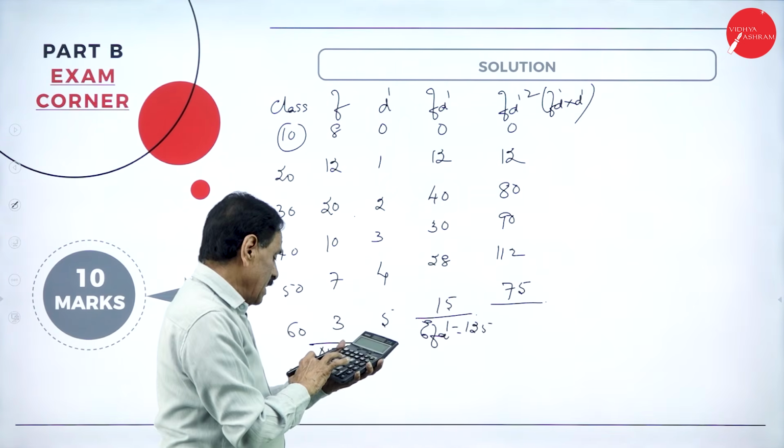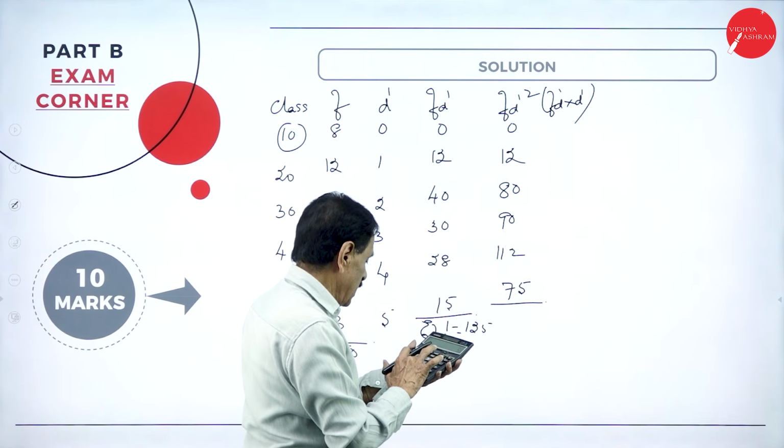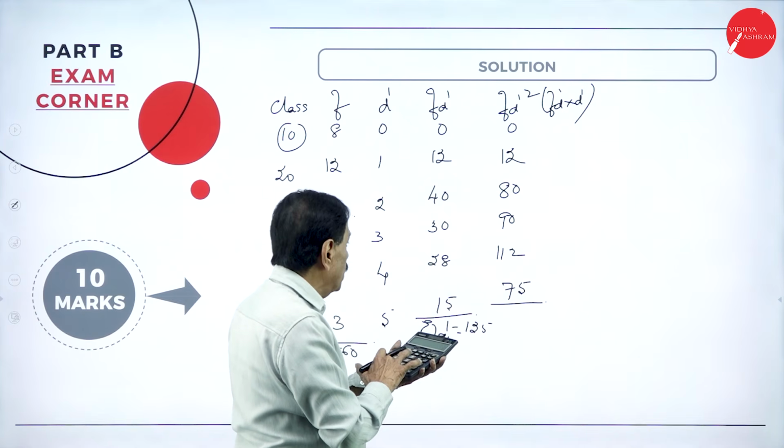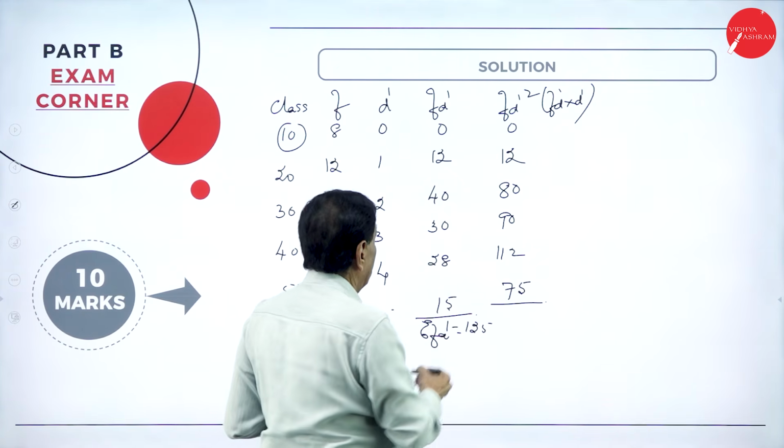Add 12 plus 80 plus 90 plus 112 plus 75: 369.